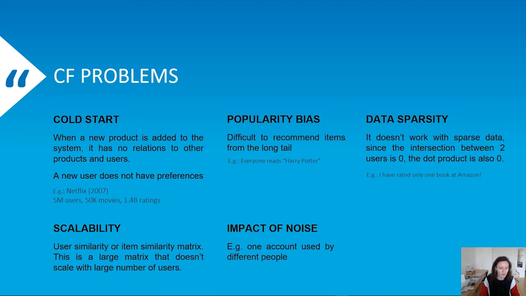Scalability, you have problem when you scale the application. This, as we said before, can be solved for model-based approaches, but it's still there for memory-based approaches. We also have the impact of noise. This happens when you have a family account.